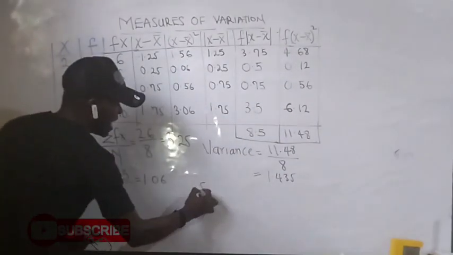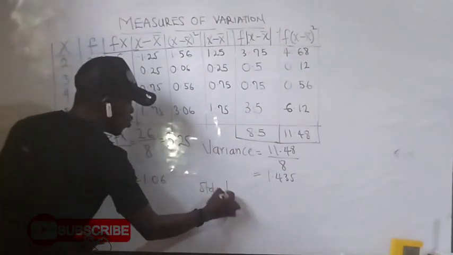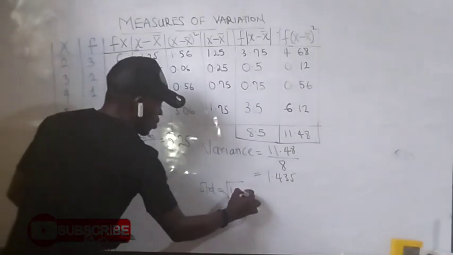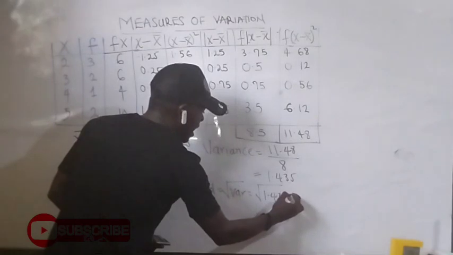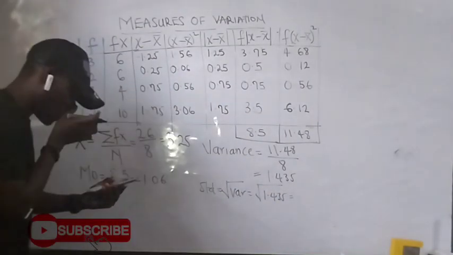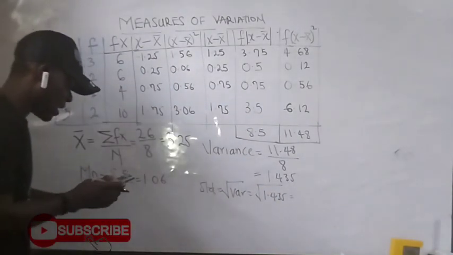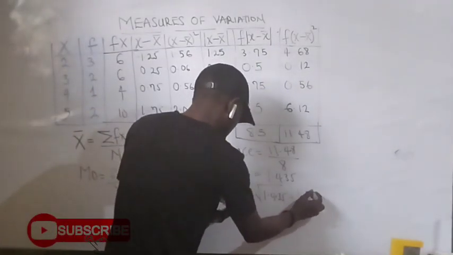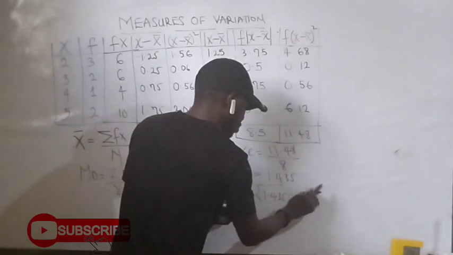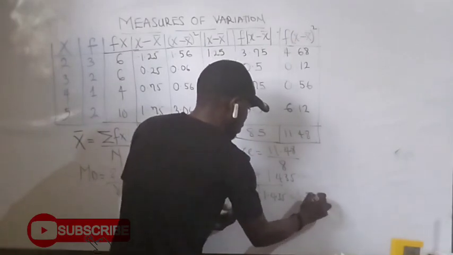Hence, my standard deviation, like I said, is the square root of my variance. So I find the square root of 1.435, and my answer is 1.19. If I approximate that, it is 1.20.